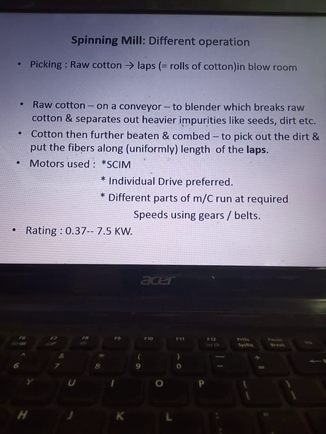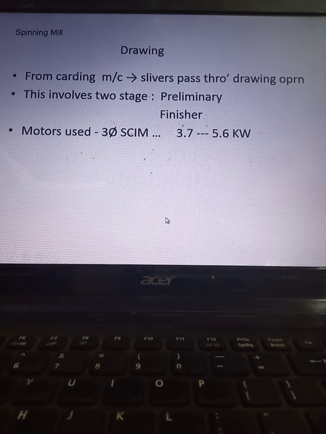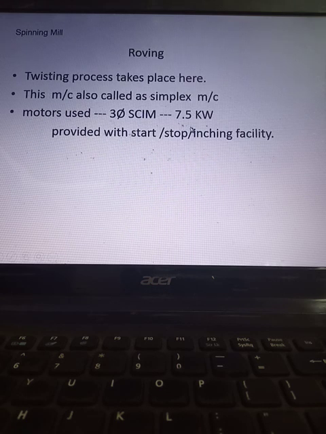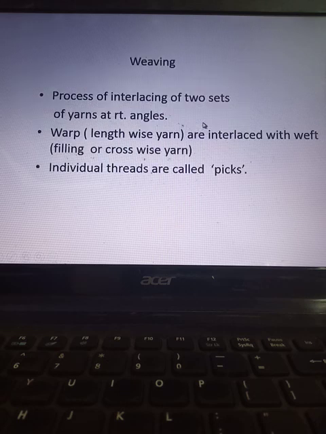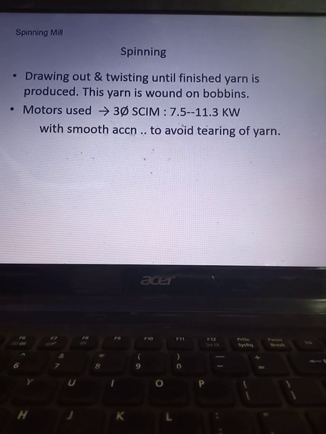That is one observation. The second observation you can make here, maybe you already observed that. Look at the ranges: 7 kilowatt, 3 kilowatt, 5 kilowatt, 7 kilowatt, 11 kilowatt. Look at the power ratings. Kilowatts, not much, 10-15 kilowatts.